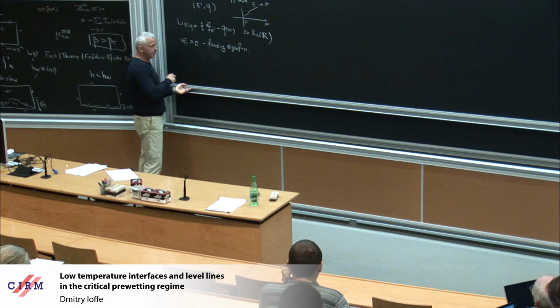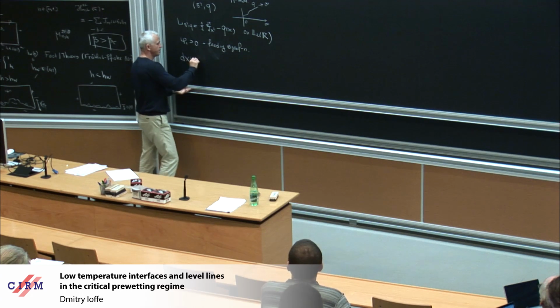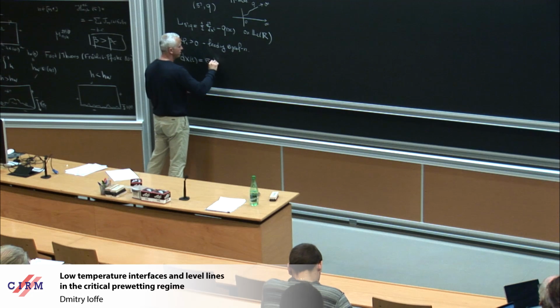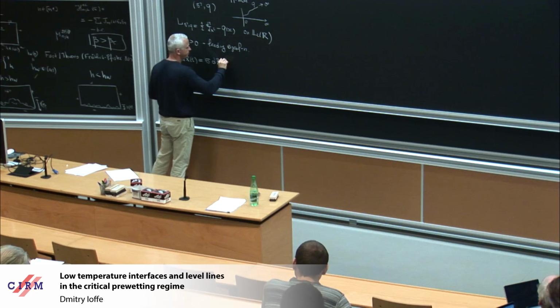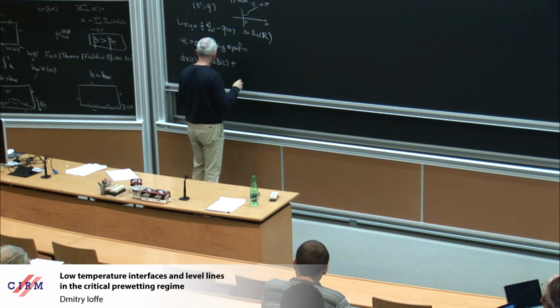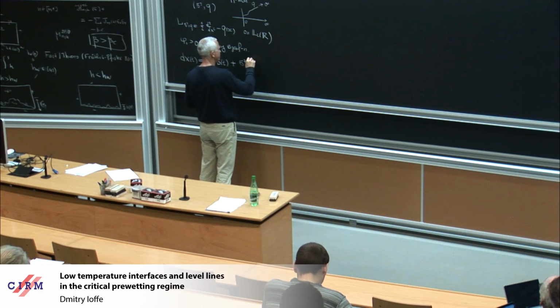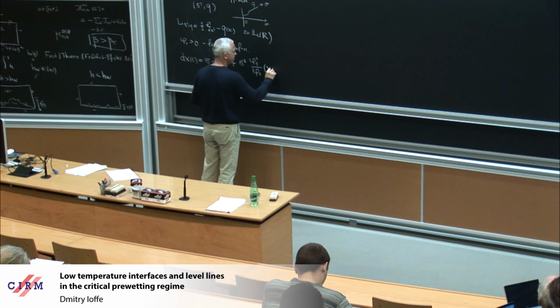Then the Ferrari-Spohn diffusion is dX_t equals sigma dB_t plus sigma square phi 1 prime over phi 1 of X_t dt.